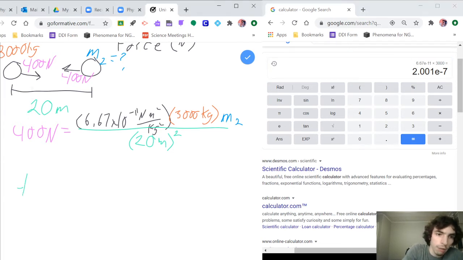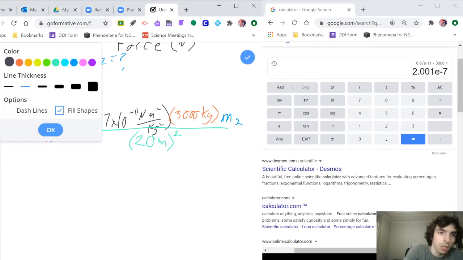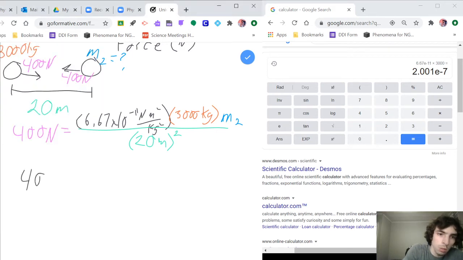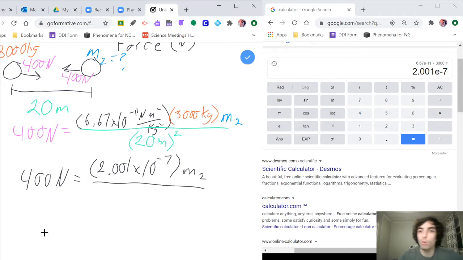So we still have our 400 newtons is equal to 2.001 times 10 to the negative 7th times M2, all over, let's get our 20 squared.